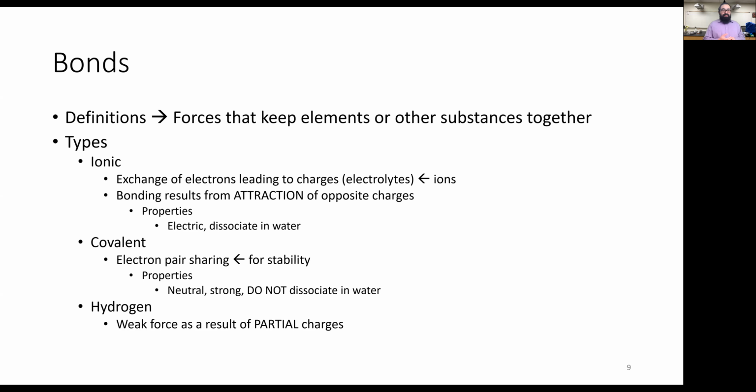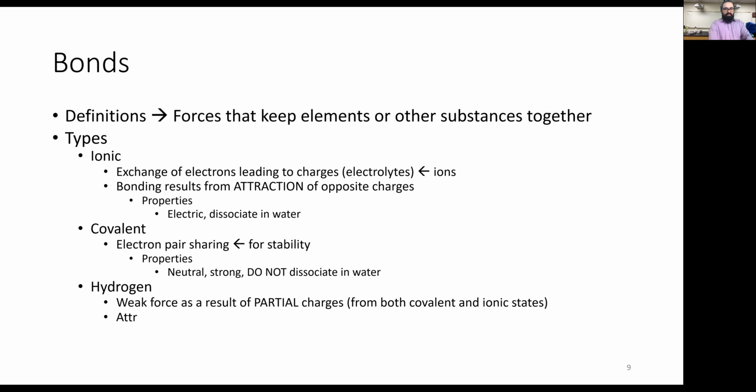But some of our substances, whether covalent or ionic, so this applies to both, display these mini little charges that end up looking like weak versions of ionic exchanges. And so this also results in the attraction of substances due to these charges.